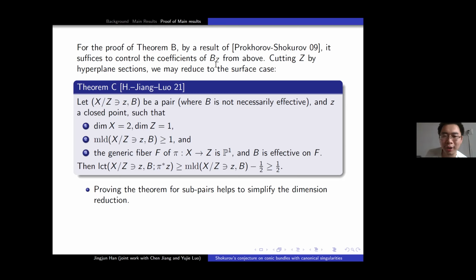If you choose M_Z to be a good divisor, for example semi-ample, then because in your proof you assume Shokurov's result, if M is semi-ample, then you regard this as not giving trouble, like the usual divisor. Yeah, that's my question. You assume M is semi-ample, so you have two different ways.